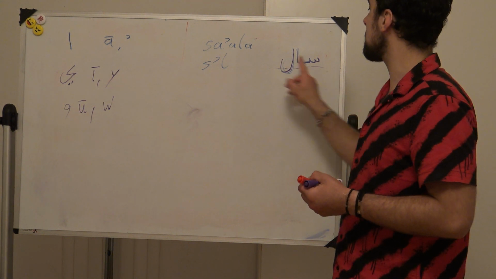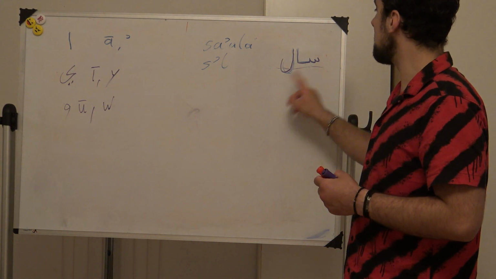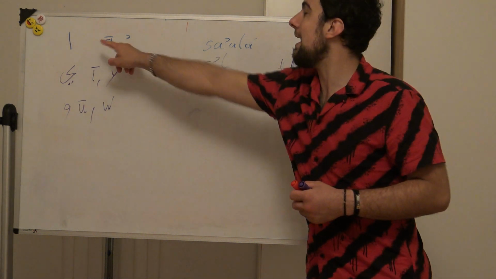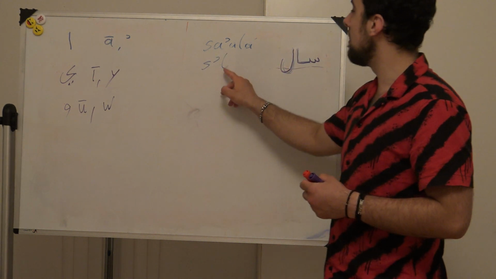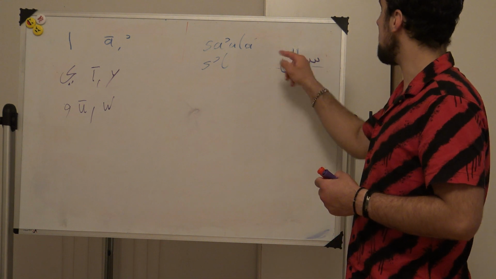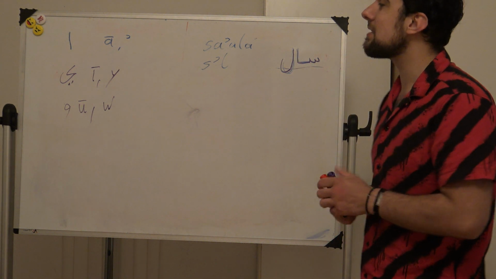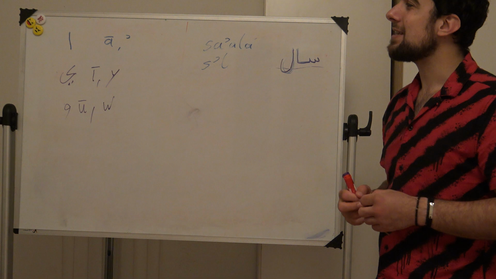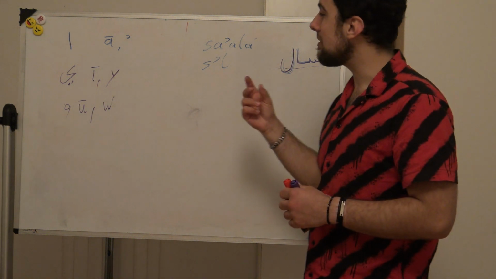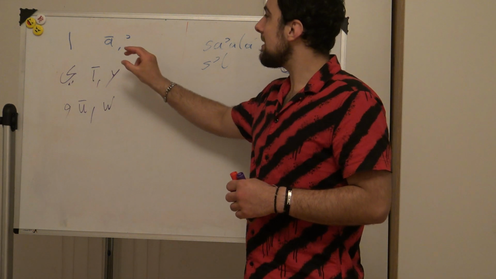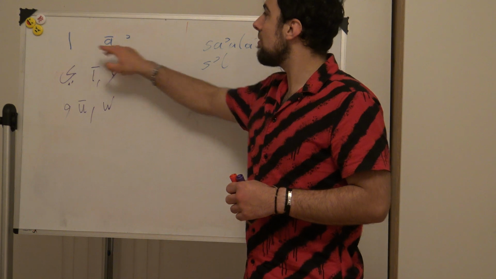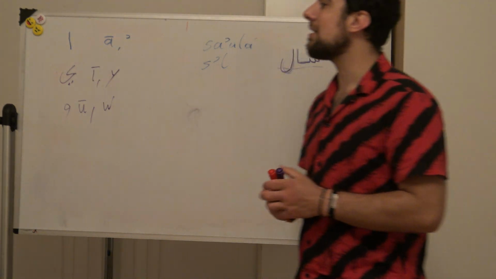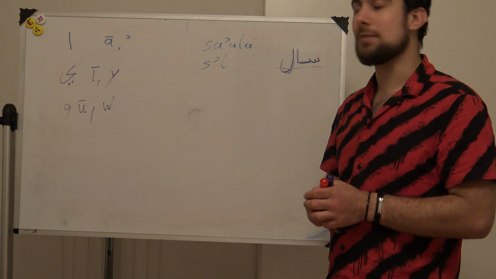The S is written with the letter Sin, the hamza with the letter Alif, and the L with the letter Lam, Sa'ala. Well, the thing is that nowadays this is outdated. It is outdated to represent the sound with the Alif. This is not correct to say it like that anymore.